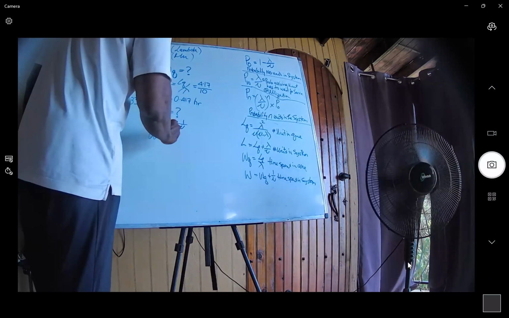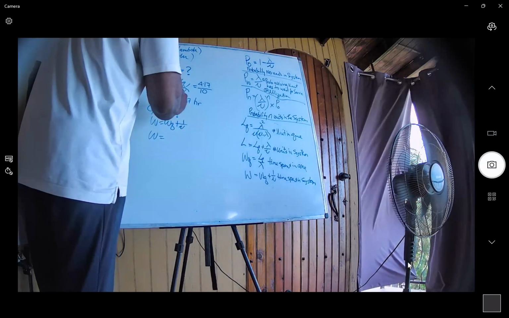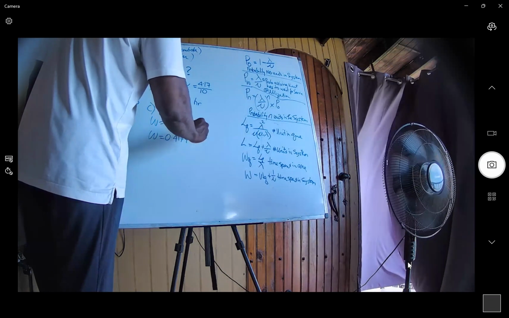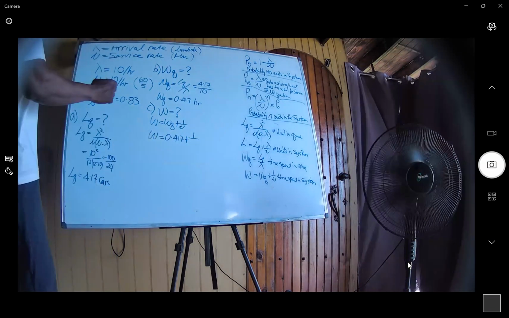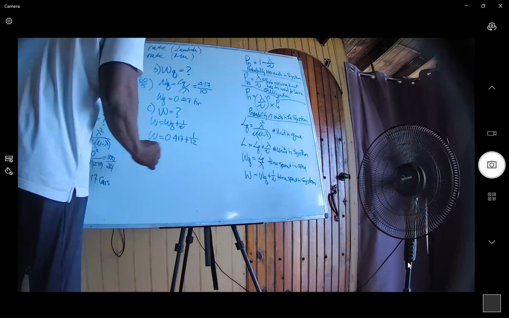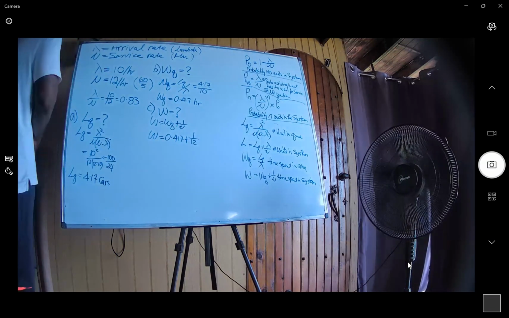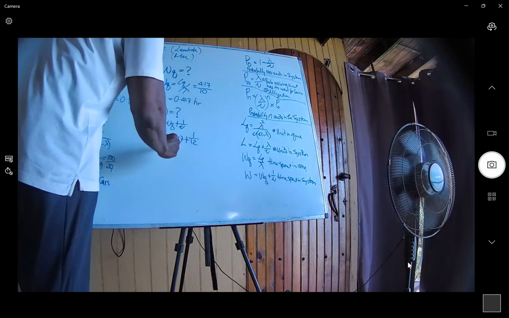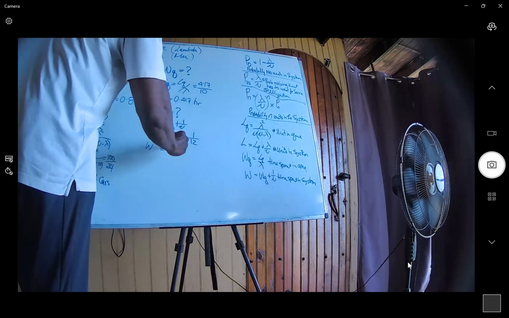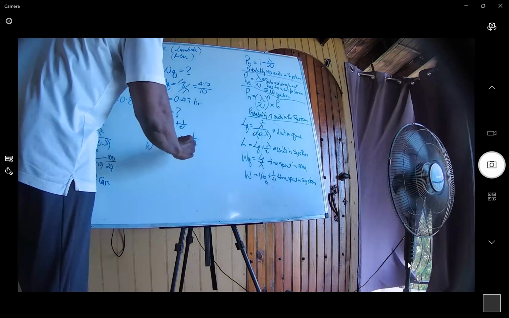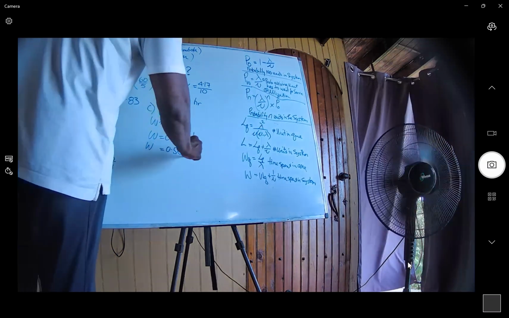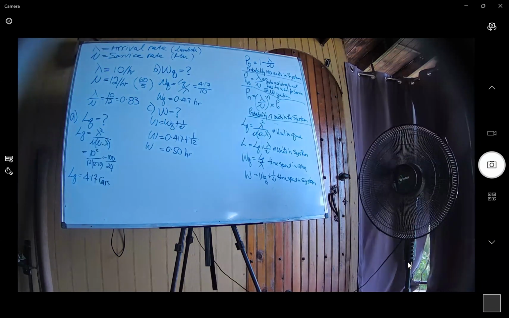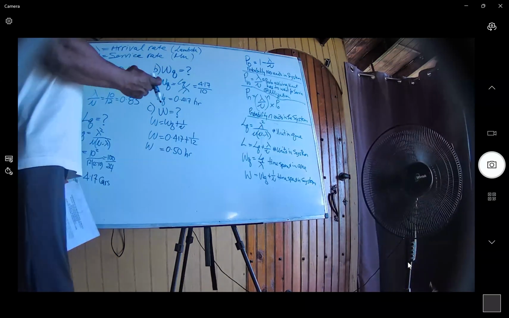So W is equal to WQ, which is 0.417, plus 1 over mu, which is 12. And what do I get here? 0.50. What's the unit? Hours. So that's half an hour basically. You see it? 0.5. It's about half an hour basically.